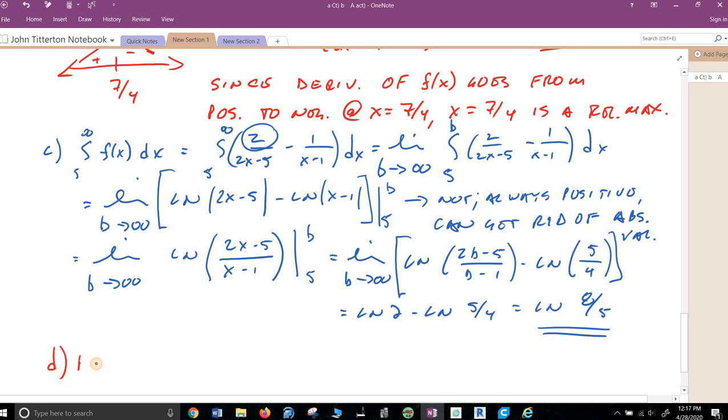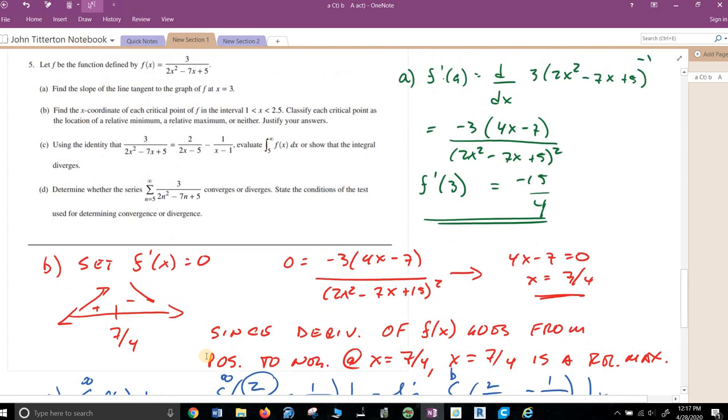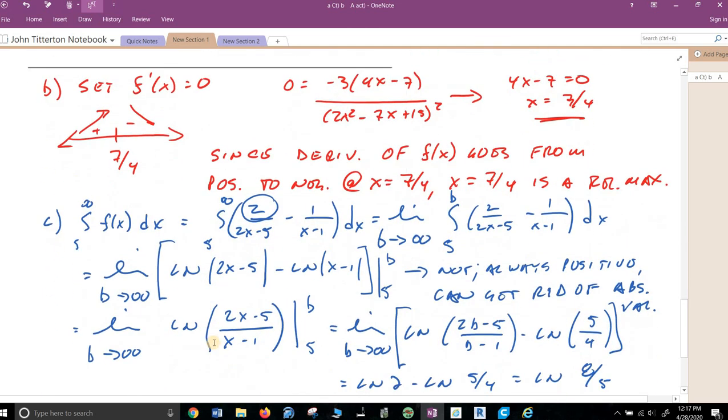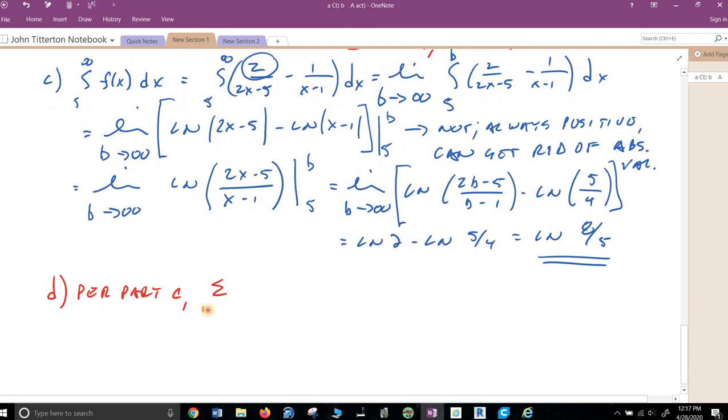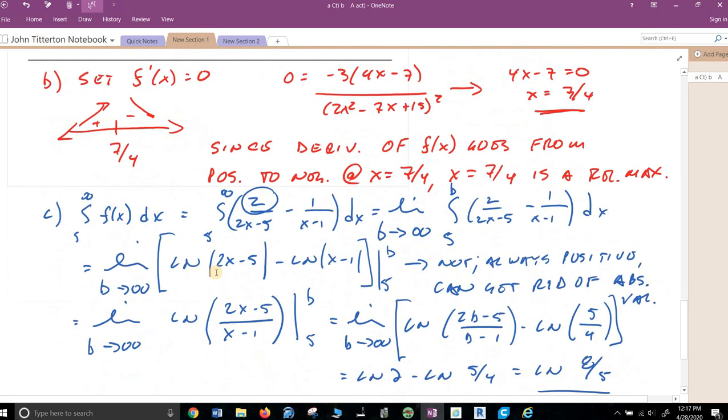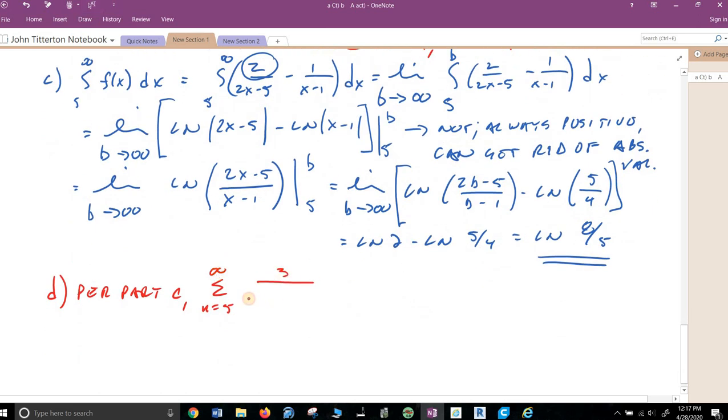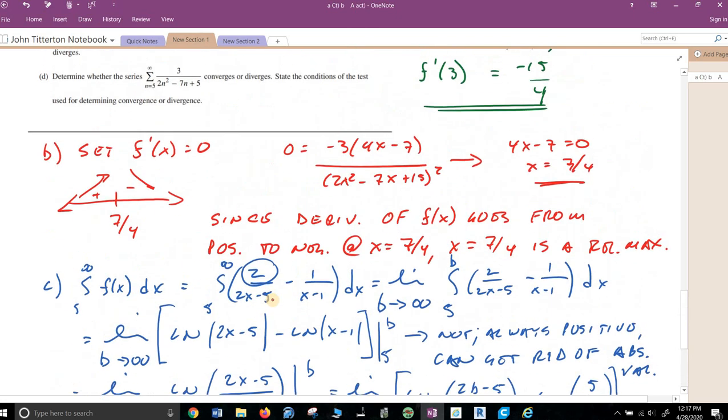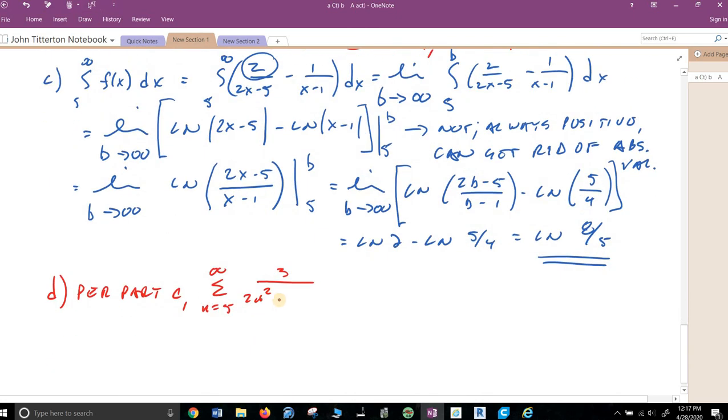I said, per part C, and I should write this out, equals sum from 5 to infinity of three over 2n squared minus 7n plus, pardon me, plus 5.